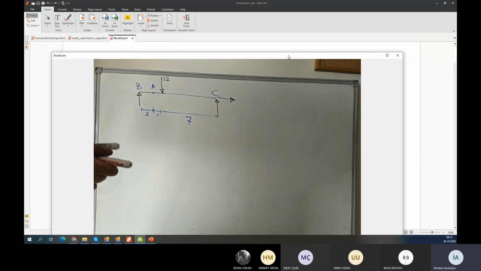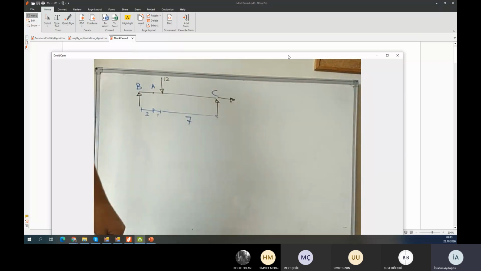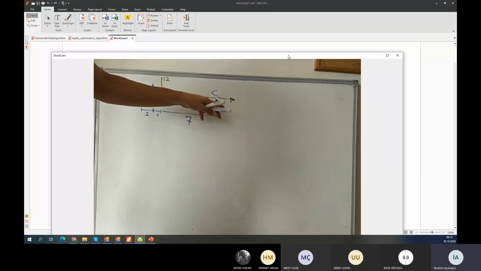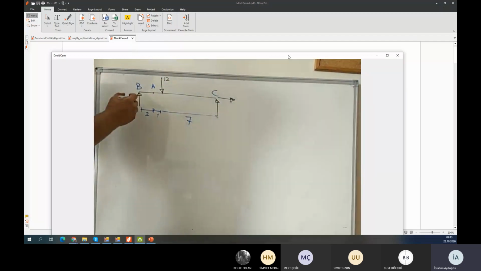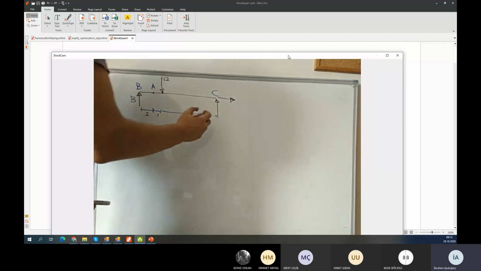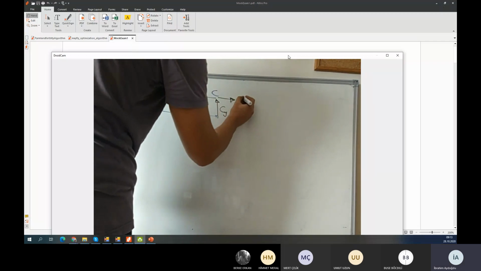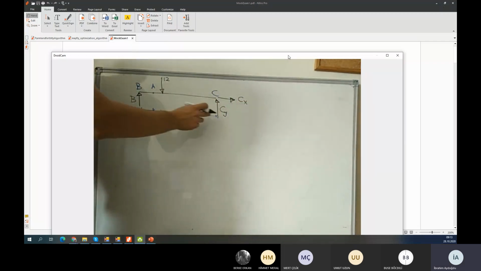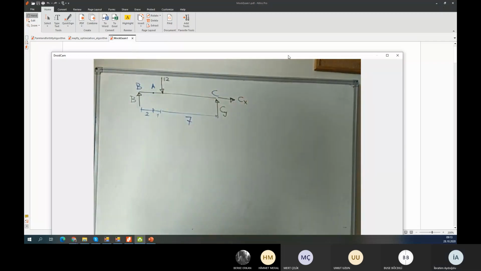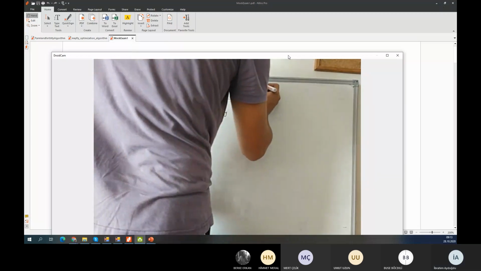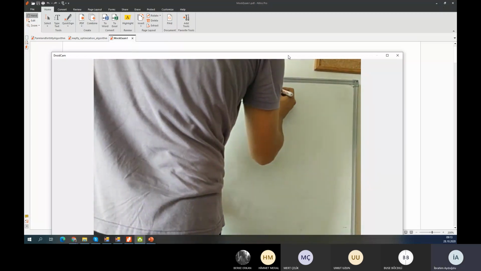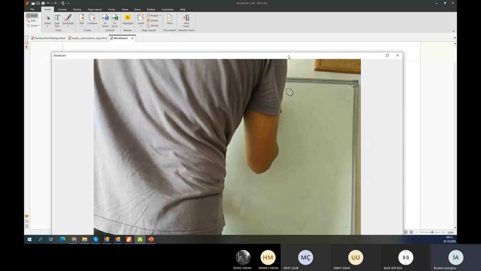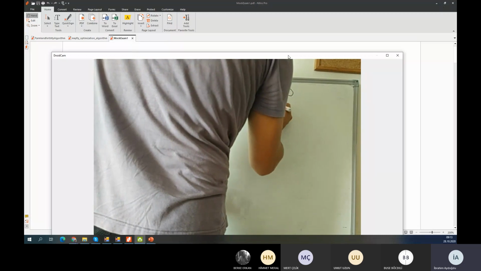So this is a statically determinate beam system, because we have 1, 2, 3 unknowns. I symbolize them as B, Cy, and Cx. 1, 2, 3 unknowns. We have 3 equations. Sigma Fx is equal to 0. Sigma Fy is equal to 0.